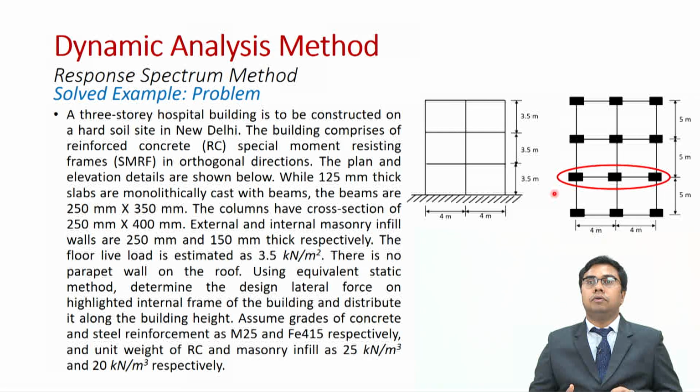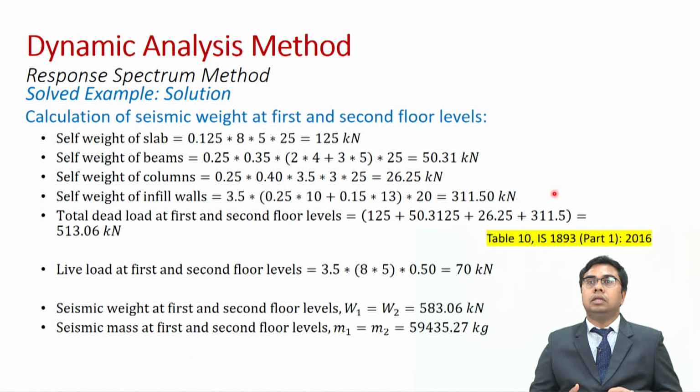For solving, we will first calculate the seismic weight of various floors, thereby obtaining the seismic mass at different floor levels, so that we can set up our eigen problem.